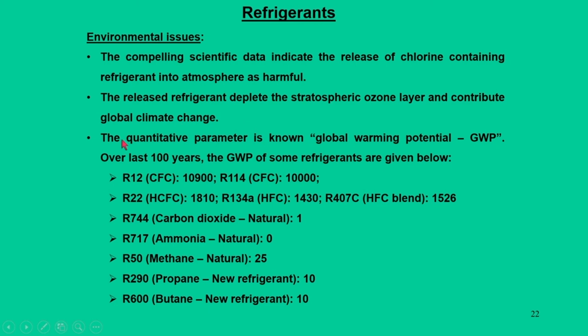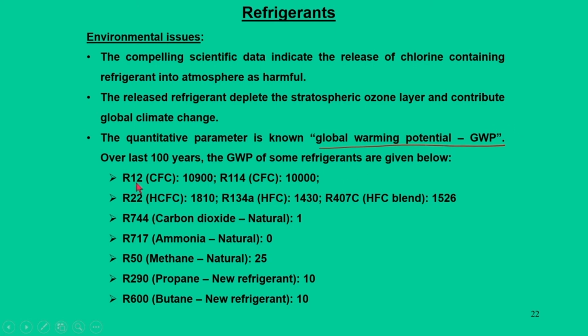For this, a quantitative parameter is used, called GWP, global warming potential, estimated over the last 100 years for different refrigerants.